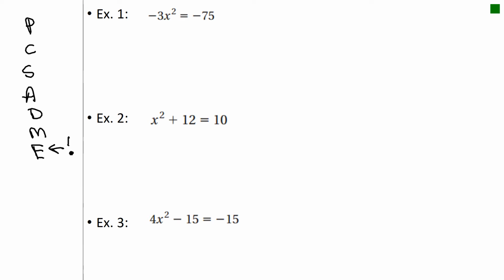So example 1, there's no parentheses, no like terms, no addition or subtraction we need to undo, but there is multiplication. First we're going to divide by -3, divide by -3. x squared equals 75 divided by 3, which is 25. Undo the exponent of squaring, which would be square rooting.